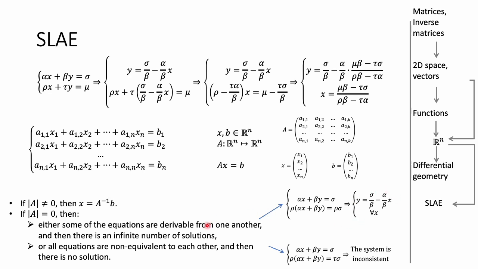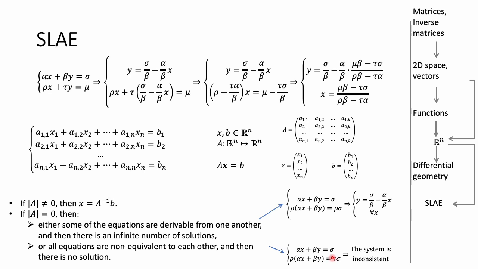Or, alternatively, the second subcase: the equations are not equivalent to each other, and they encode different information. Like here, for example, we have the equation alpha times x plus beta times y equals sigma on the top, and in the bottom we have rho times alpha times x plus beta times y on the left-hand side.